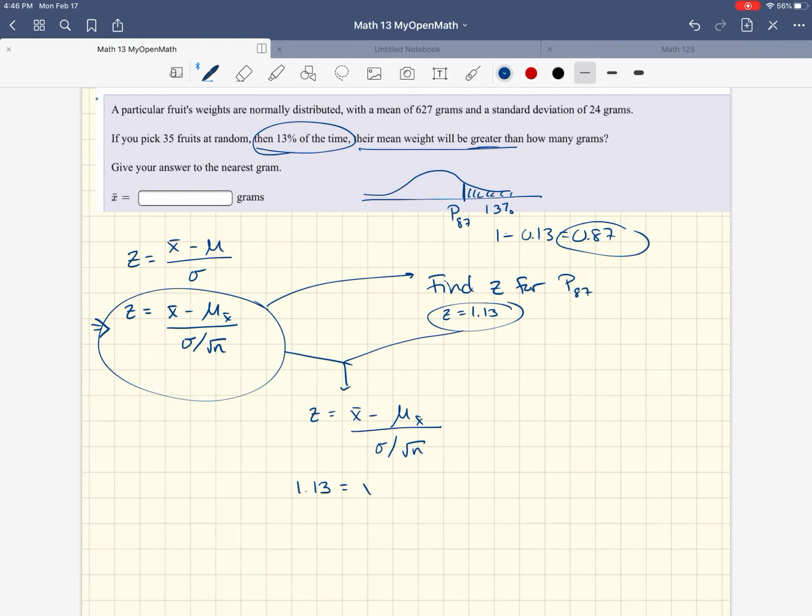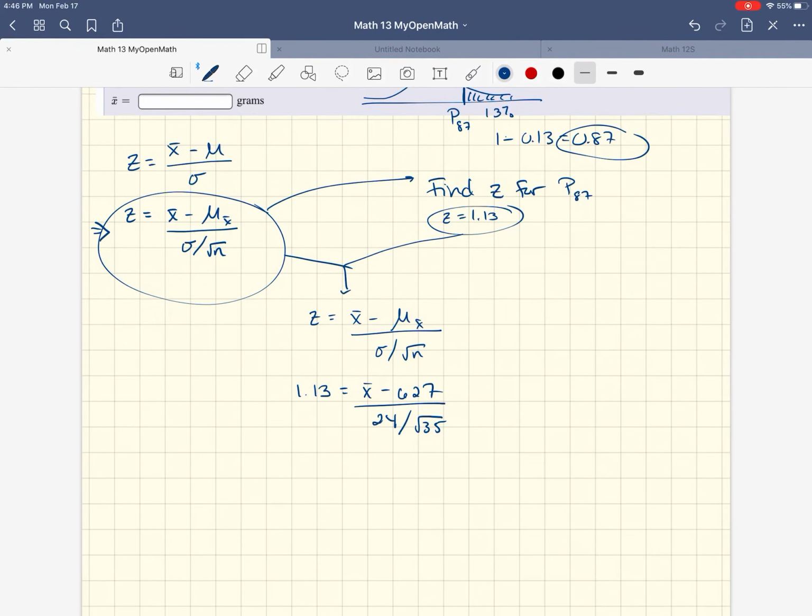Let me clean that up just a little bit. That was x bar minus 627 divided by 24 over the square root of 35. Okay, and when we calculate this, we'll multiply both sides by 24 over the square root of 35 and add the 627.